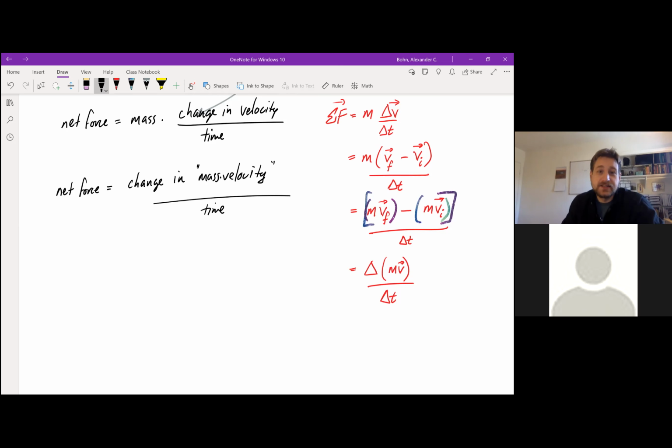Mass velocity is kind of a mouthful. I'd like to give this idea its own name.